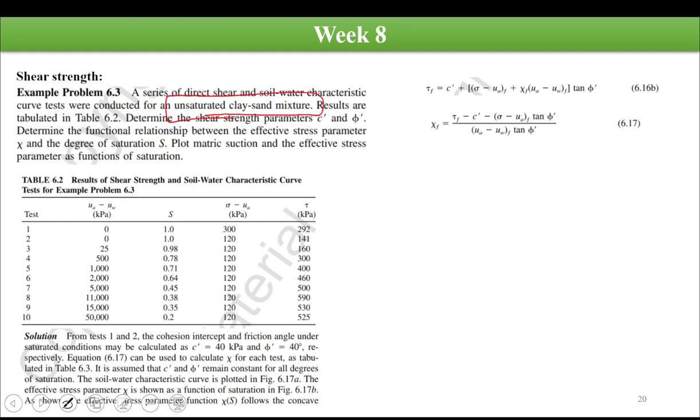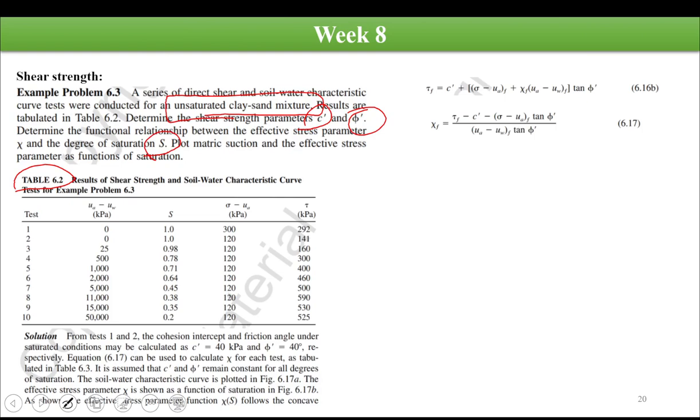Results are tabulated in table 6.2. Determine the shear strength parameters c dash, phi dash, and determine the functional relationship between effective stress parameter and the degree of saturation S. Then we need to plot matric suction and effective stress parameter as a function of saturation.